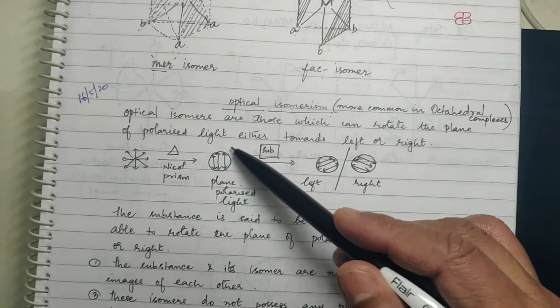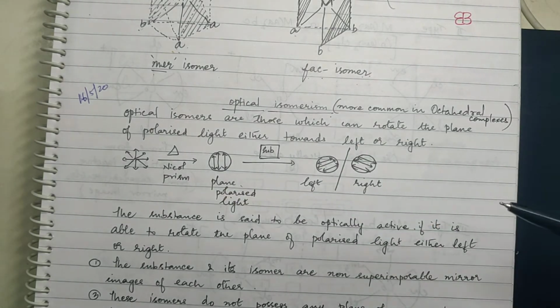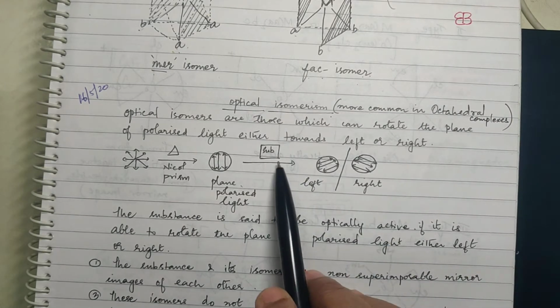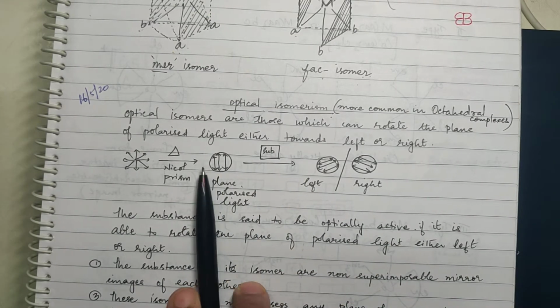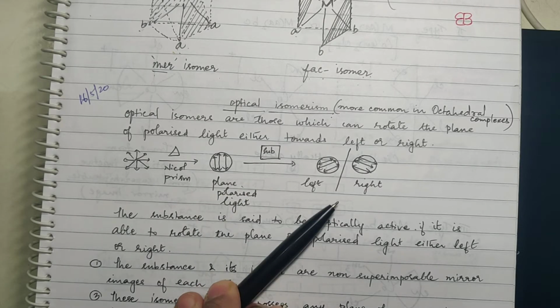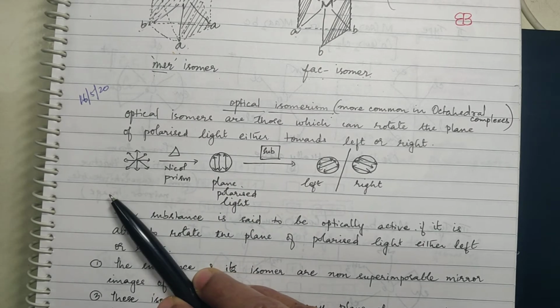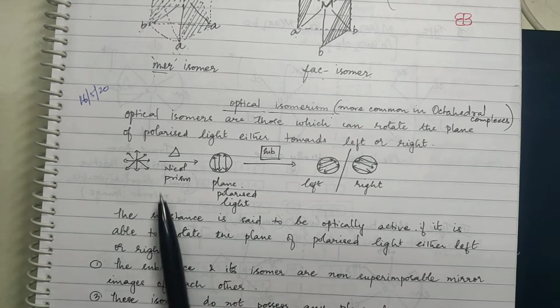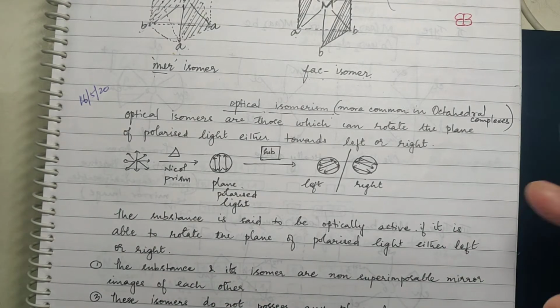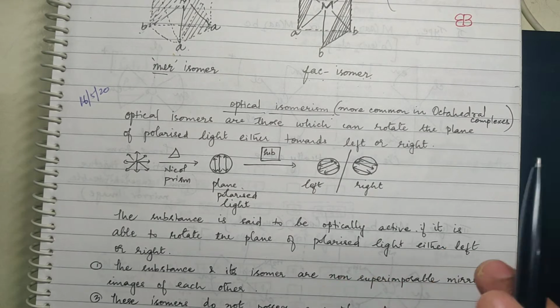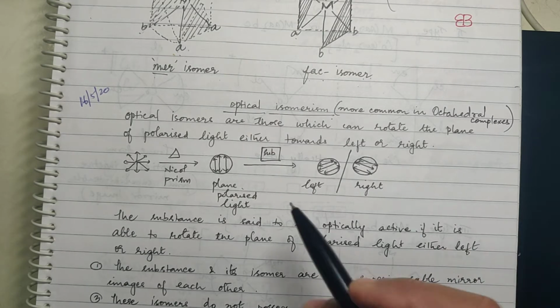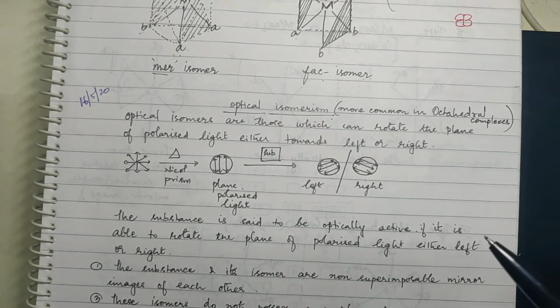Now if this plane polarized light is passed through any substance, the substance may have the potential to rotate the plane of polarization either towards right or towards left. Based on that the isomers are identified. So if it is rotating the plane of polarization, then the substance is said to be optically active, right?